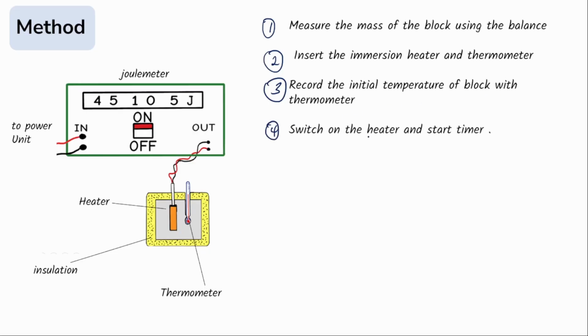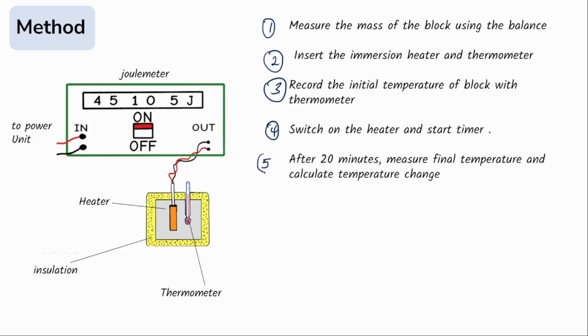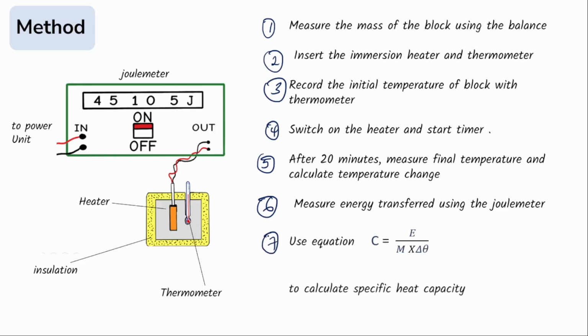Number 4, switch on the heater and start the timer. 5, after 20 minutes, measure the final temperature and calculate the temperature change. 6, measure the energy transferred using the joule meter. And then finally, number 7, use the equation C is equal to E divided by m times delta theta to calculate the specific heat capacity.